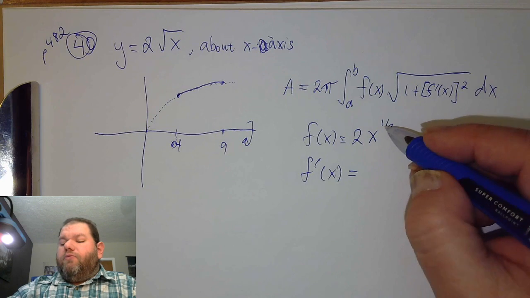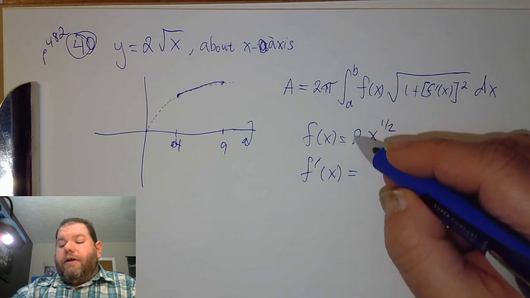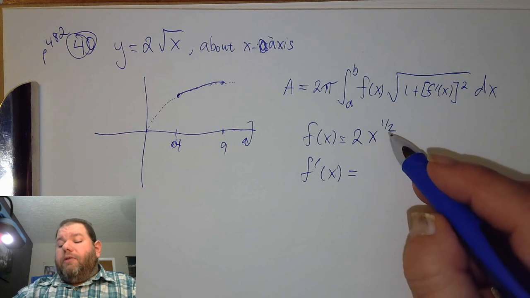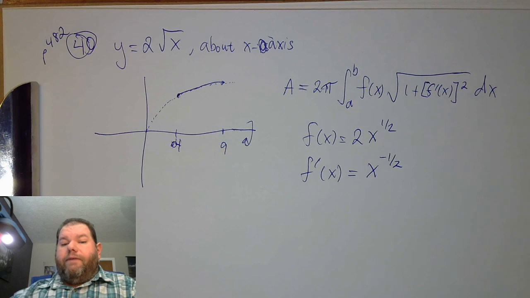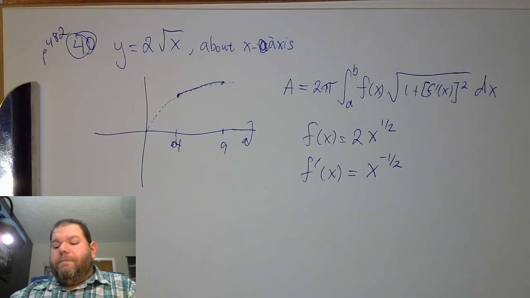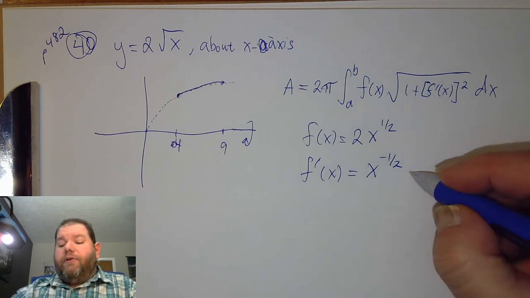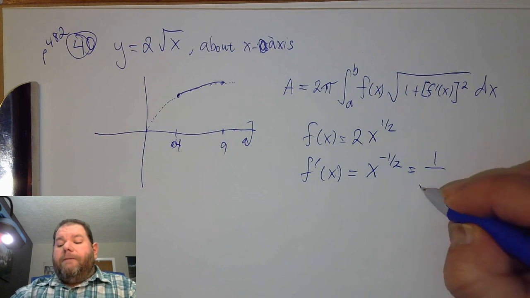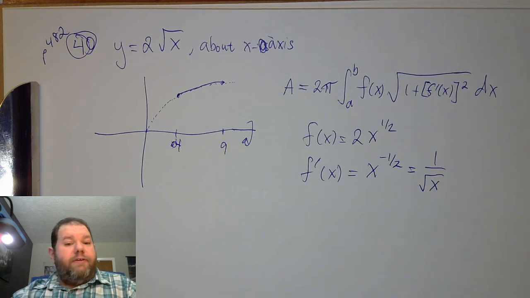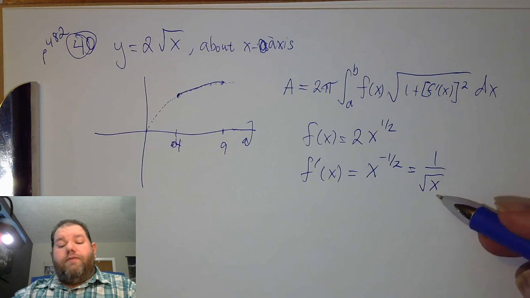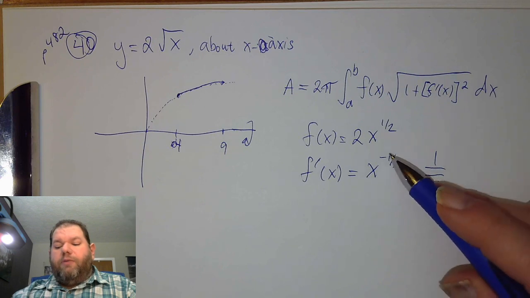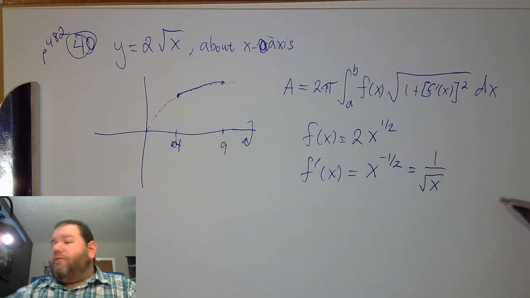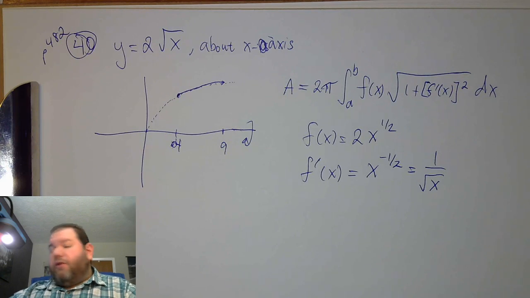Okay. We're multiplying by 1/2 in front, so 1/2 times 2 is just 1. And then we decrease the exponent by 1, so we'll have x to the negative 1/2. So that's f prime of x. If we want to, we can change that back into a square root instead of an exponent. So we can make that 1 over the square root of x. Because the negative means it's going to drop down to the denominator, and 1/2 powers means it's still a square root. Yeah, 1 over square root of x.